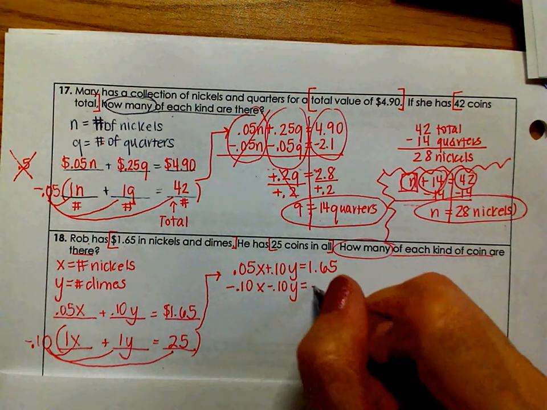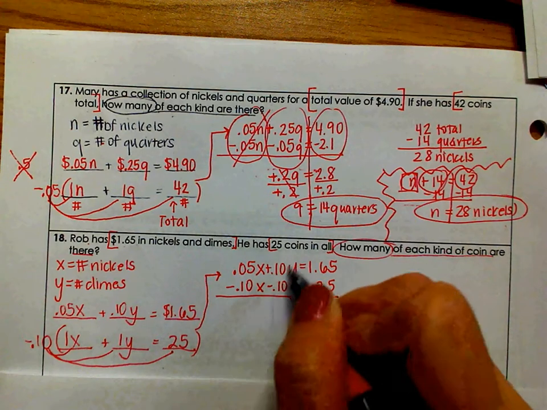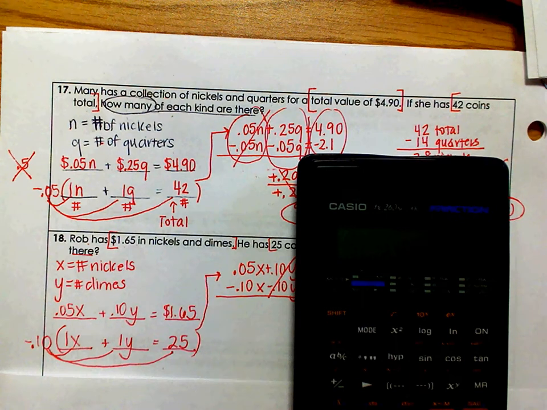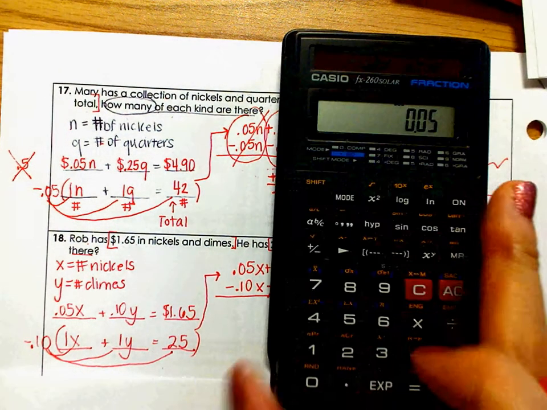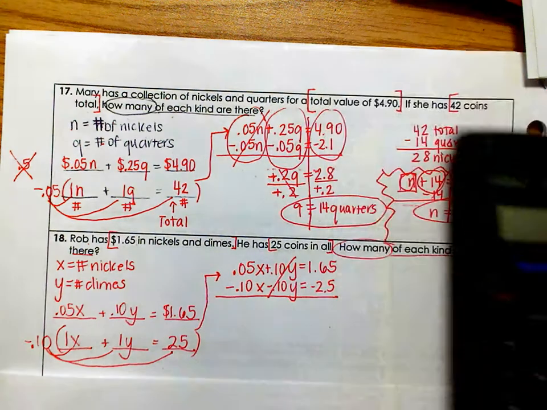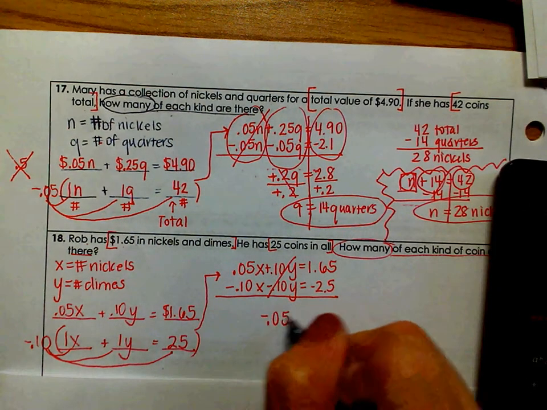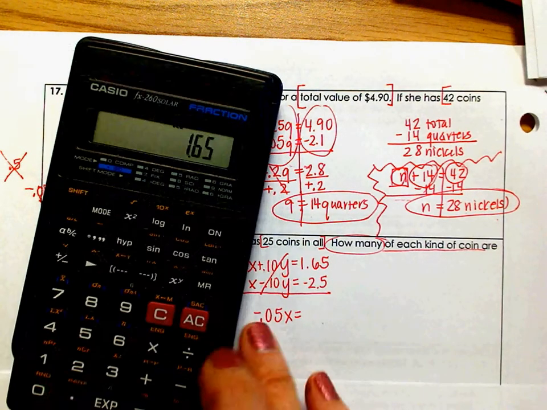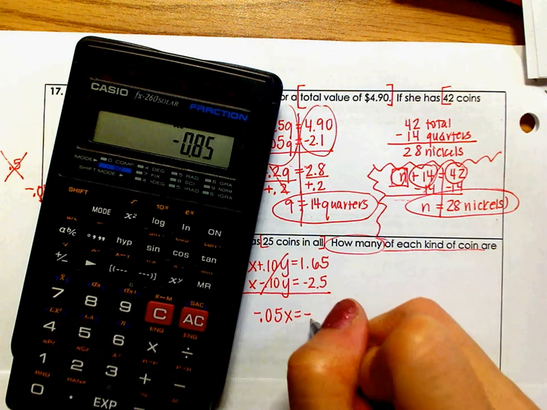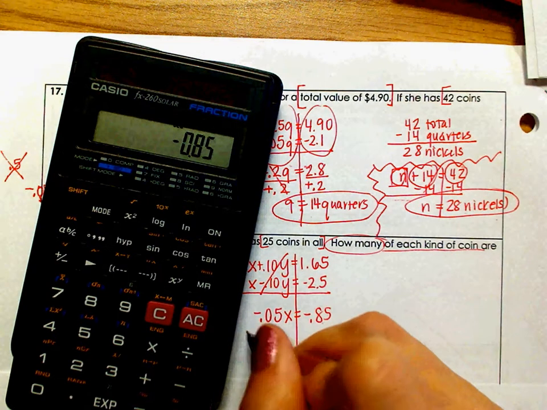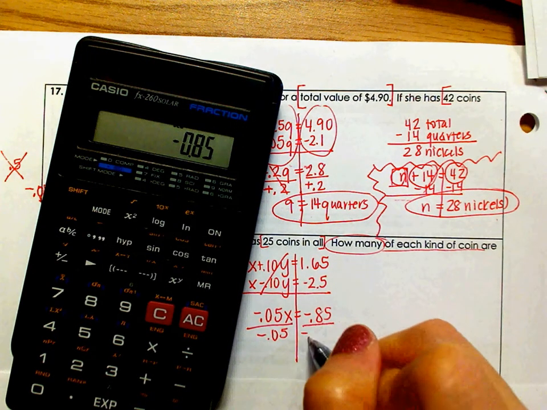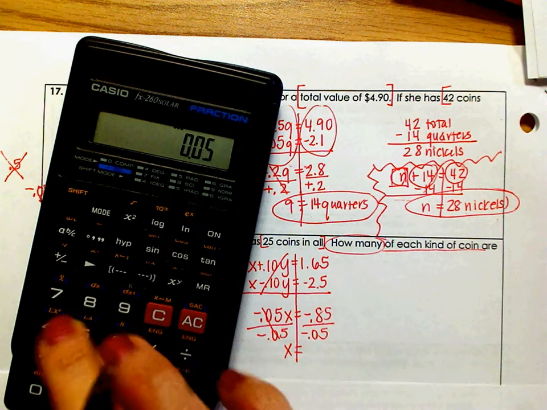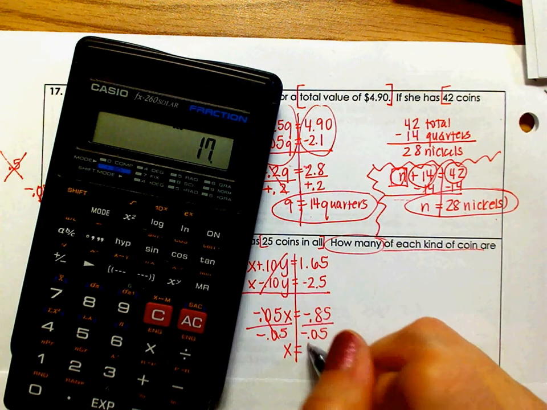All right, so these eliminate, and then let's do 0.05 minus 0.10, negative 0.05, negative 0.05x equals 1.65 minus 2.5 equals negative 0.85, divided by negative 0.05, be careful with all these negatives, equals 17. What have I found? 17x, 17 nickels.